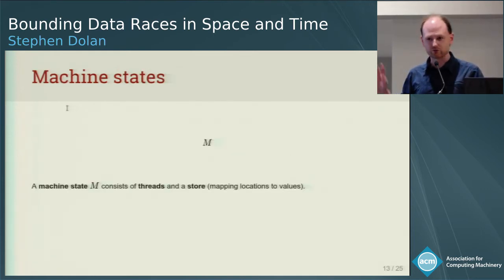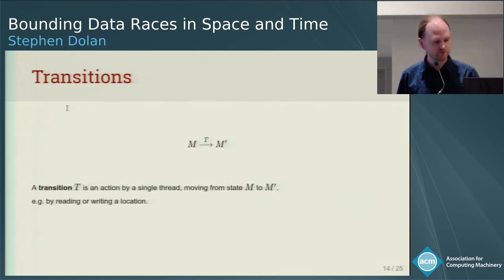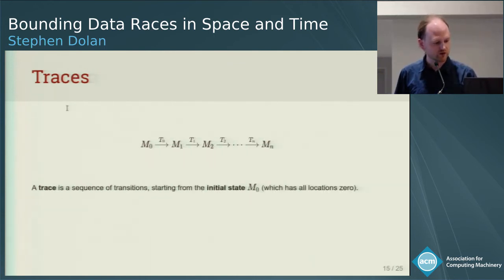So I'll have to quickly run through what we're describing as the semantics of a program. We start with a machine state, which has a collection of threads and the values of all of the variables. And it performs transitions, moving from one machine state to another machine state. The transitions are reads and writes of variables and so on. And a trace is a sequence of transitions.